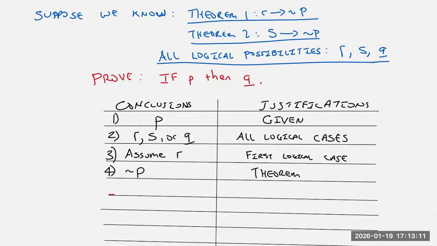Let me make sure you understand how this thing works. Let's say P meant it is a real number. So we want to prove that if P is a real number, then Q, for whatever Q stands for. But look at what we've come to. We've said P is true, it's a real number. That leads to R, whatever R means. Maybe R means it's a square root or something.